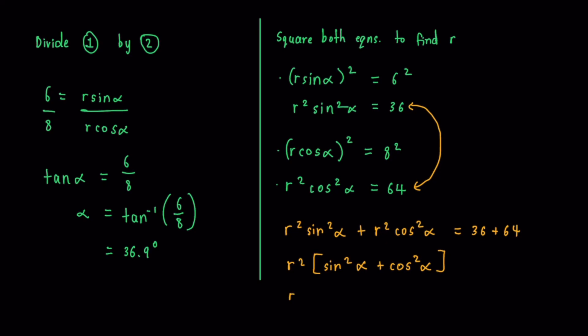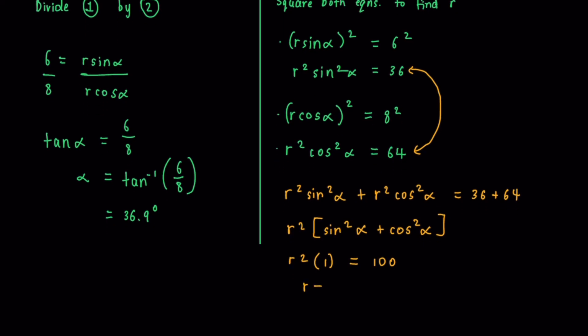So this we'll have r squared times 1 is equal to 36 plus 64, which we all know to be 100. So in this case, we could say that r is equal to 10, because r would be equal to the square root of 100. So after applying the identity here, we can say that it was 1, again, just in case anyone missed it, and then r would be equal to 10.